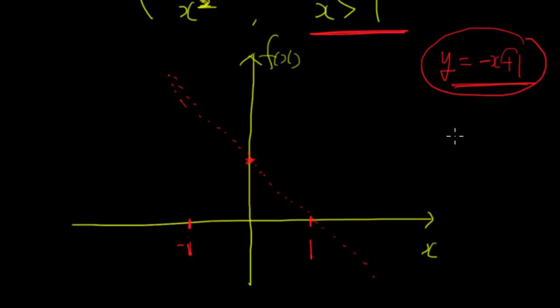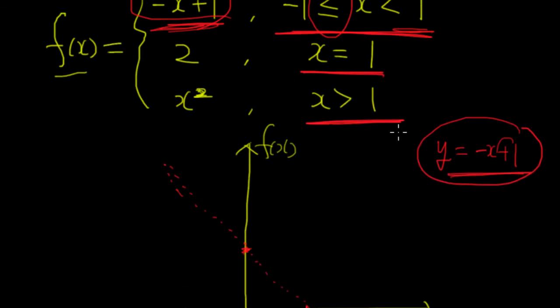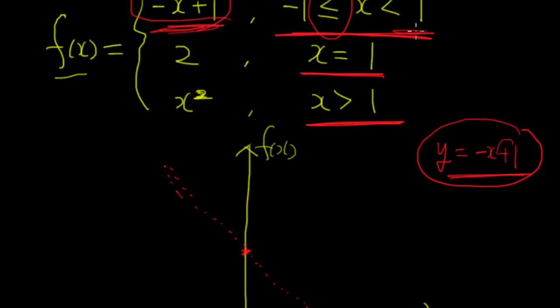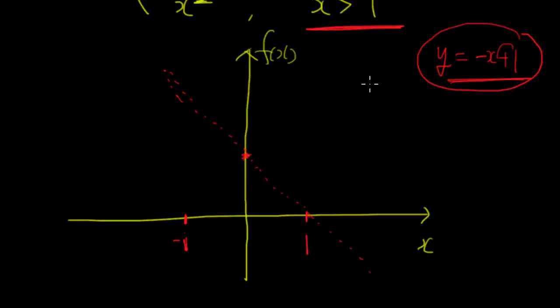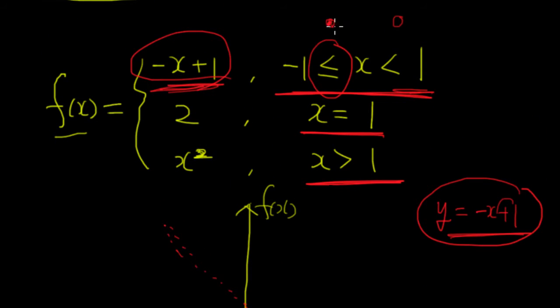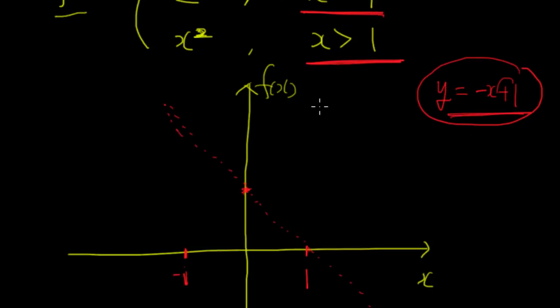But we are only going to take this line between negative 1 and 1. At negative 1, we are going to use the solid dot because we have an equal sign. At 1, because we don't have an equal sign, we are going to have an open circle.